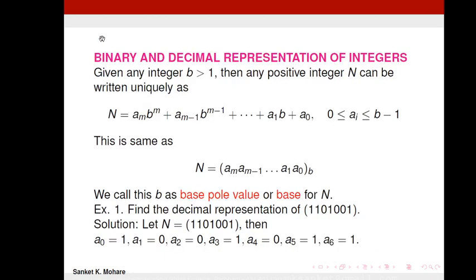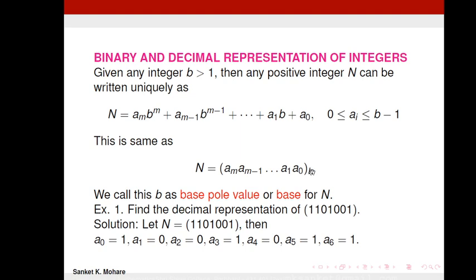So again I repeat: given any integer b greater than 1, any positive integer n can be written uniquely as n is equal to am b to the power m plus a(m-1) b to the power m minus 1 plus and so on plus a1 b plus a0, where these ai's lie between 0 and b minus 1, or are equal to 0 or b minus 1. This is the same as n equal to (am a(m-1) ... a1 a0) to the base b.